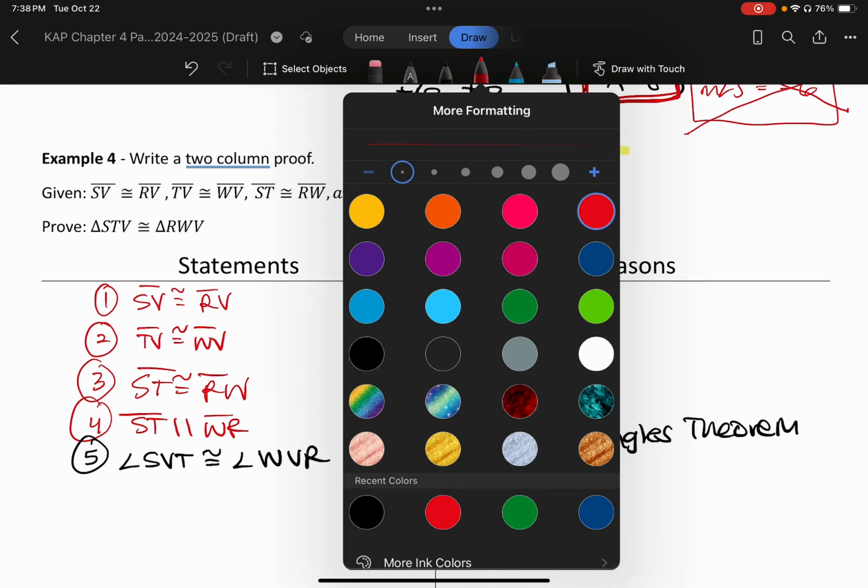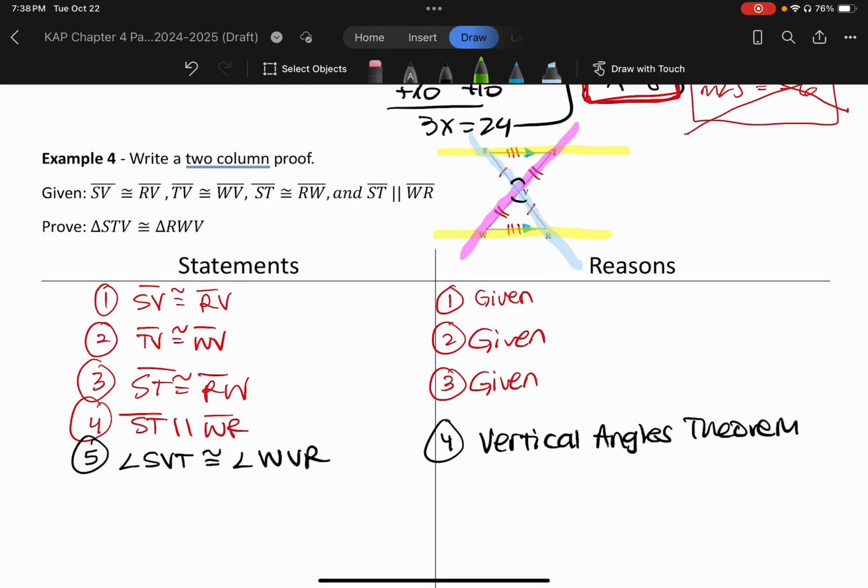Next, let me do this in a different color, let me do this in green. I want to show that the other three corresponding angles are congruent. If I look here, this angle and the angle I have marked here would be looking at the purple transversal. Those would be alternate interior angles. So we would say here that STV is congruent to the other angle, VWR.